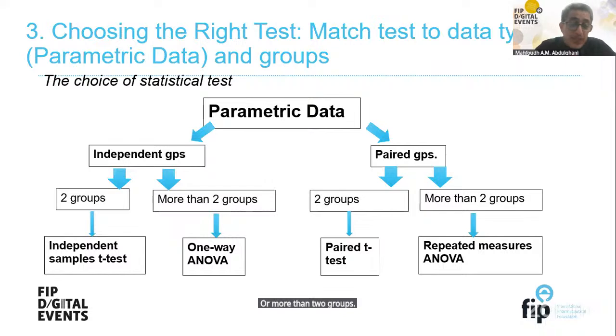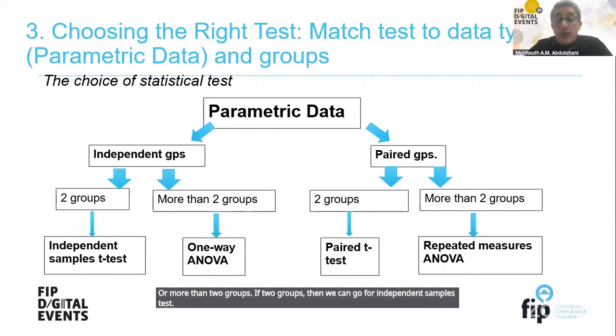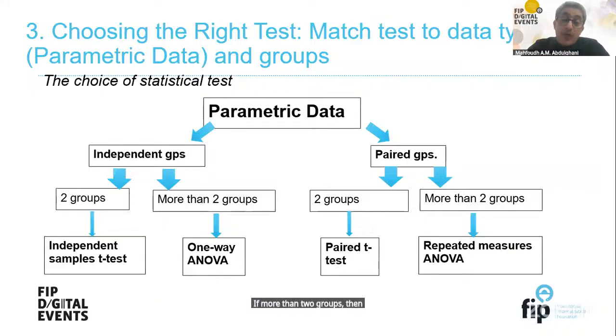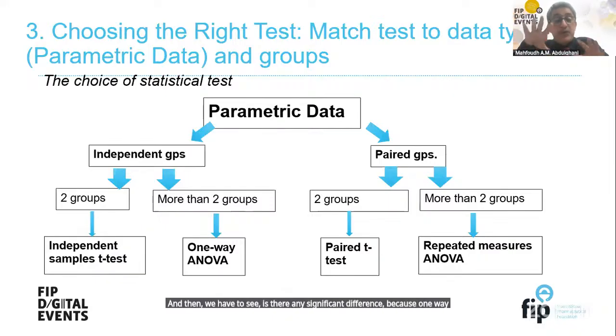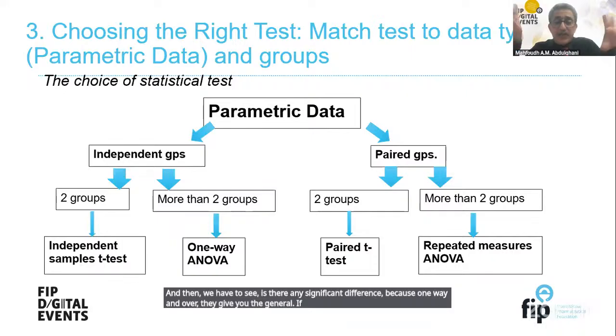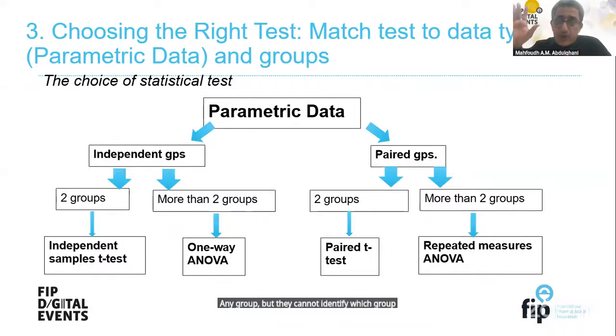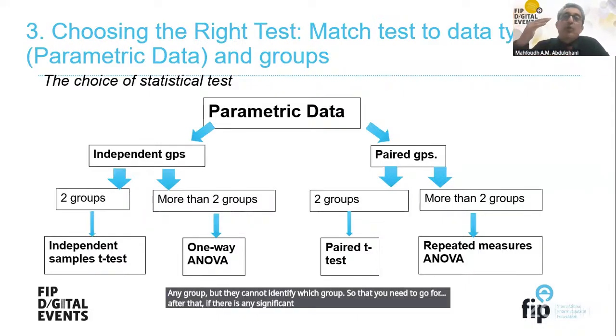If two groups, then we can go for the independent sample t-test. If more than two groups, then we go for one-way ANOVA, and then we have to see if there is any significant difference, because one-way ANOVA gives you the general picture: whether there is any significance between groups, but it cannot identify which group. So if there is any significance, then we can go for post hoc.